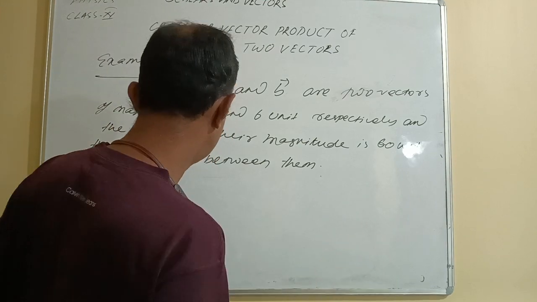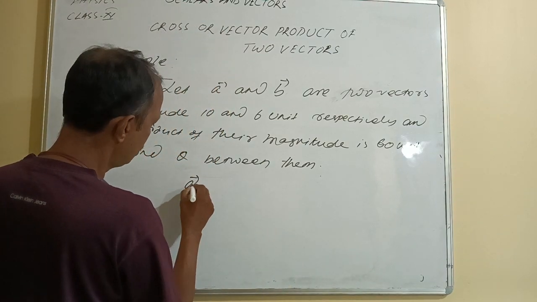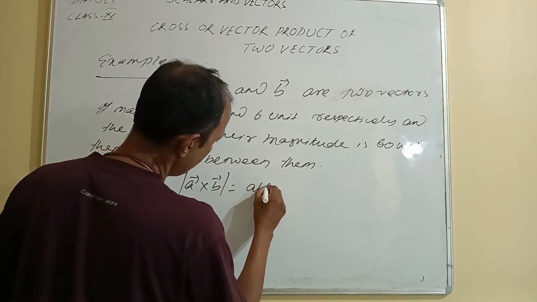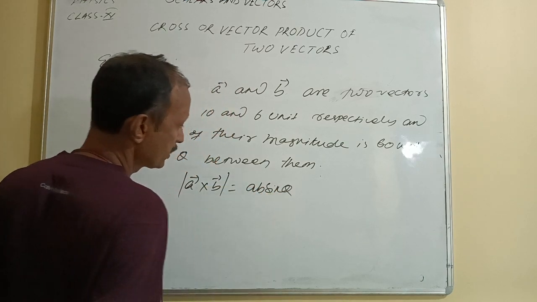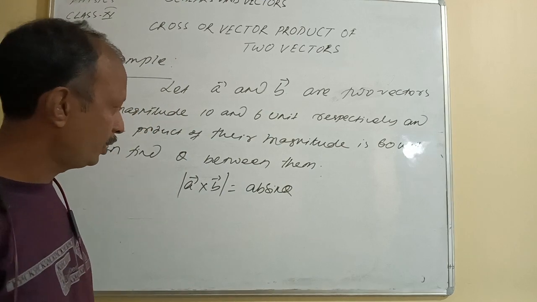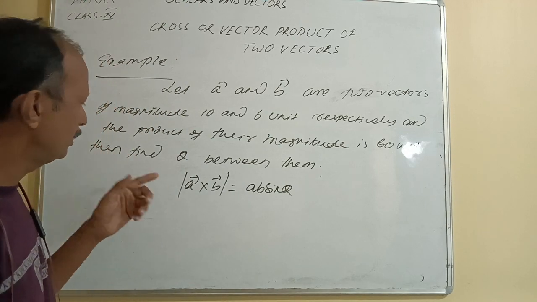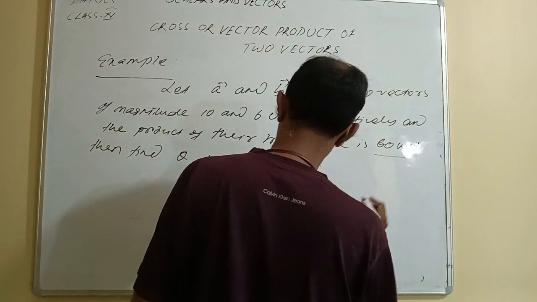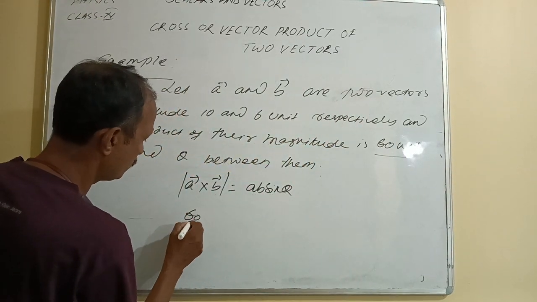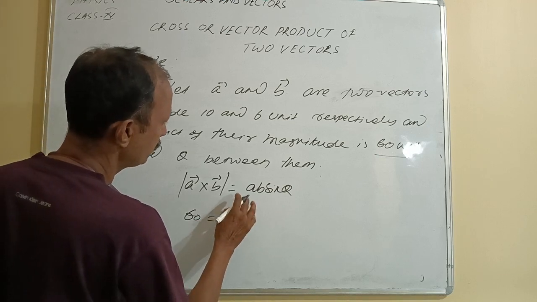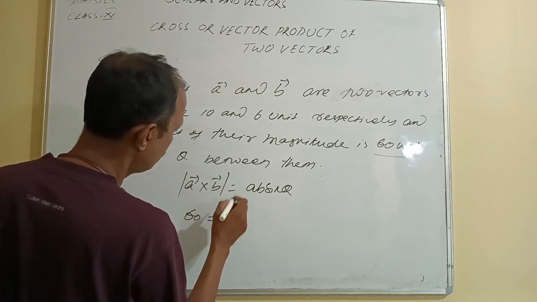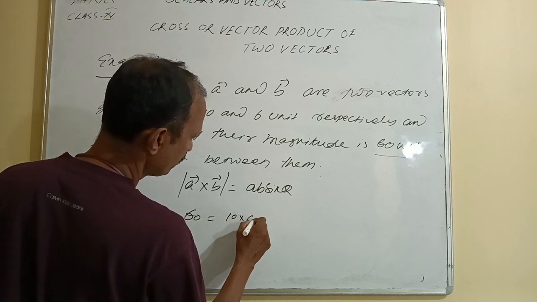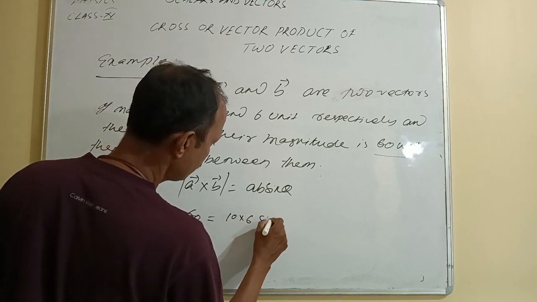Then what do we do? We know that the magnitude of A cross B is equal to AB sin theta. In this case, the magnitude is given as 60 units. So I can write 60 is equal to AB, here 10 into 6 into sin theta.